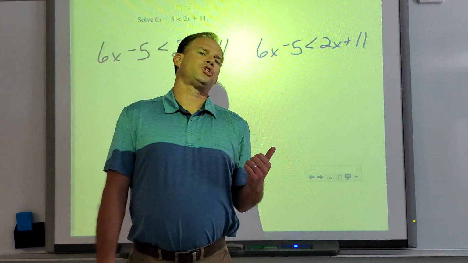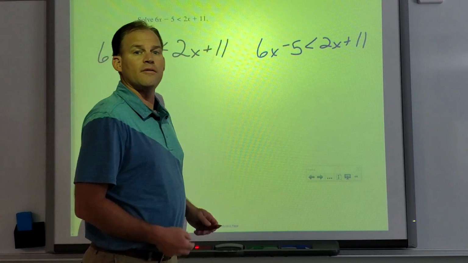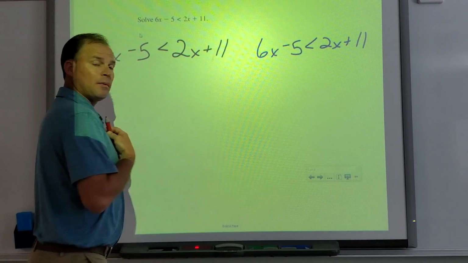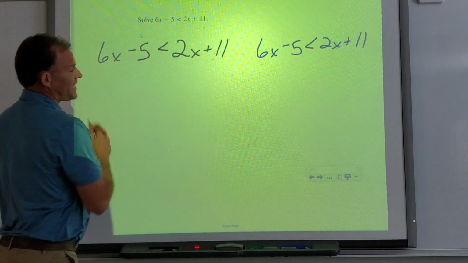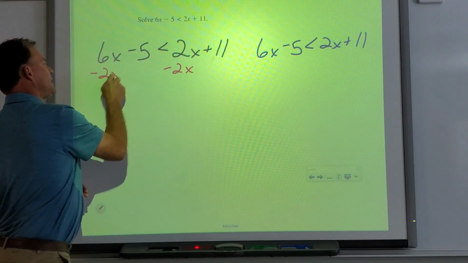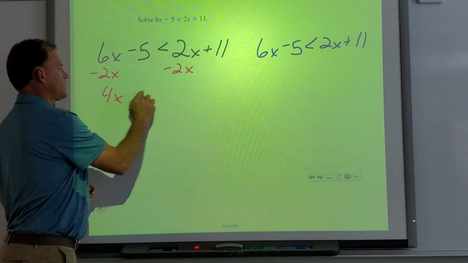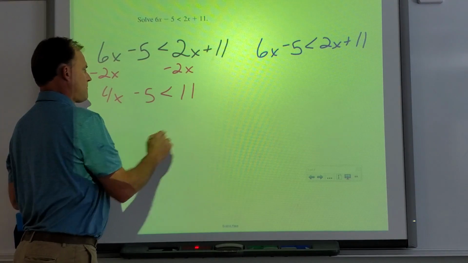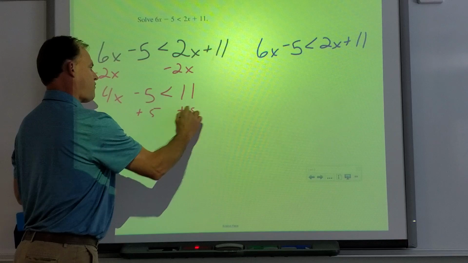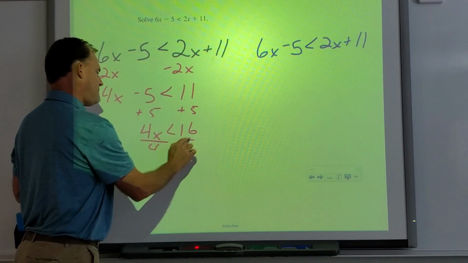I'm going to work it out twice. I'm going to show you that it doesn't really matter where you put that variable. I'm a big fan of getting the variable on the left-hand side. And I've told you from the beginning, work the variable stuff first. So this will be 4x and 5, divide.